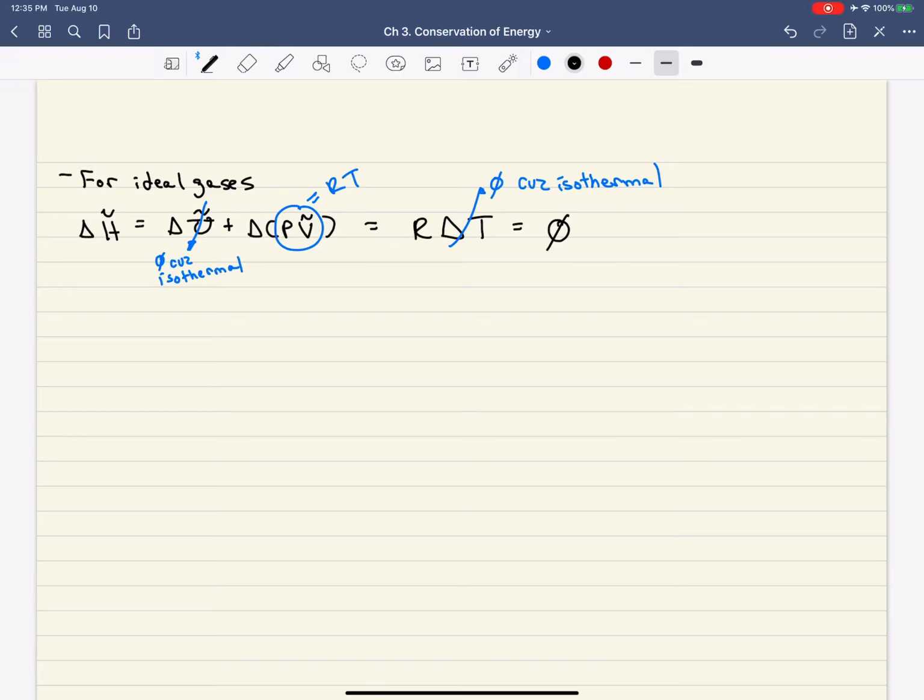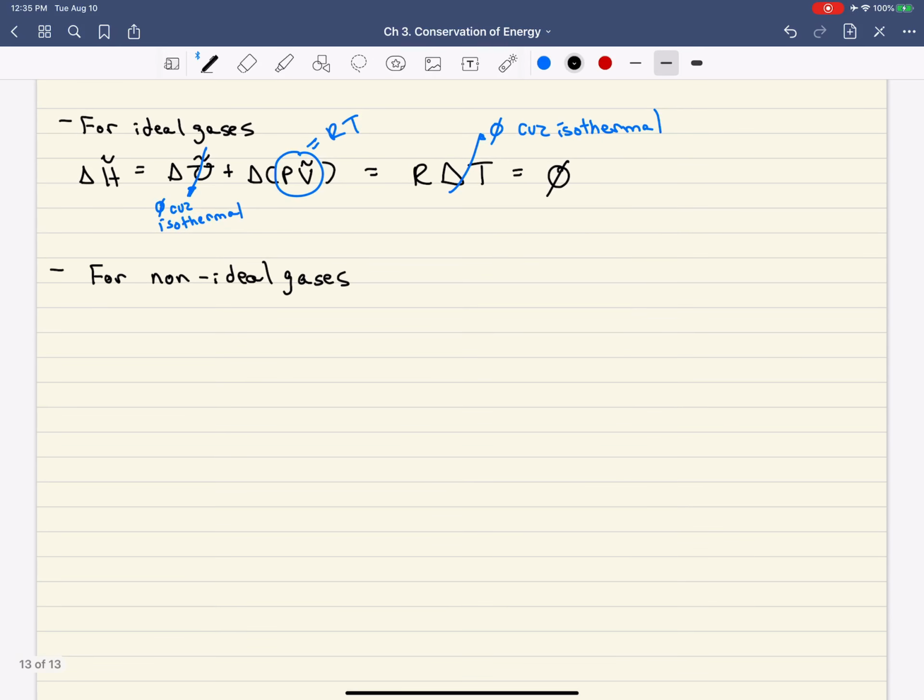This is what we see for ideal gases. But as we'll see later on in this course, when we're dealing with non-ideal gases, this result doesn't necessarily apply. In fact, we're going to see that the change in internal energy and the change in enthalpy at constant temperature but changing pressure are not going to be equal to 0.